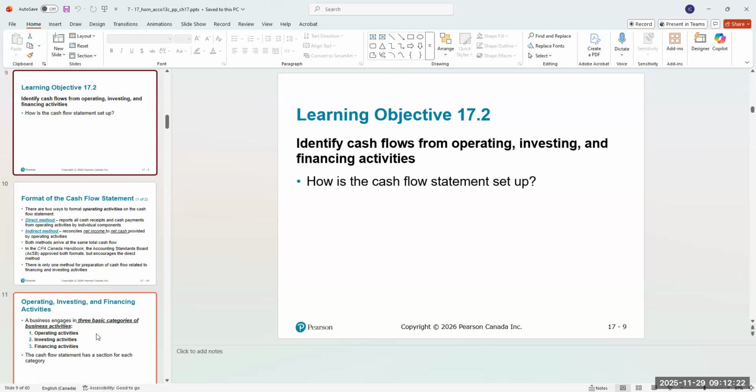Investing activity is any cash that the company spends or gets in the form of investment, related to long-term assets and pure investments in other corporations in the form of common shares. And the last one will be financing. Financing is where the company gets cash in terms of liabilities and equity, where the company owes money, and that's how we can see it. I'm going to explain a little bit more.